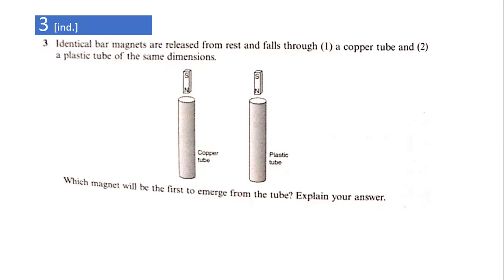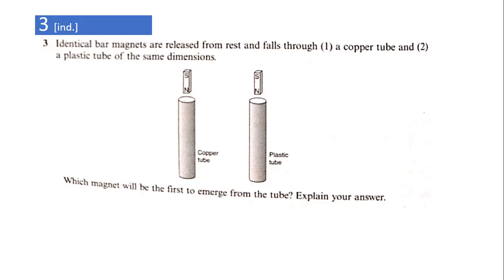The copper one. Why copper one? Because it's metallic. What has metallic to do with being faster? Remember, this section is, we are interested in induced EMF, electromagnetic induction.